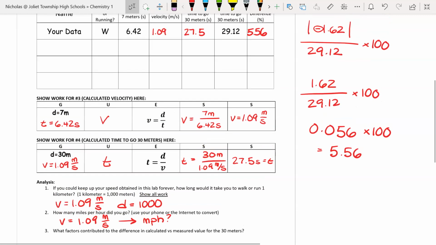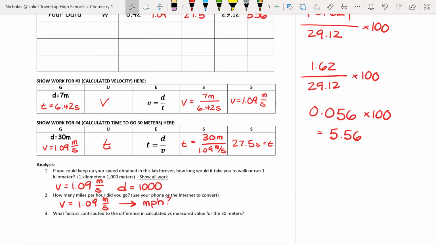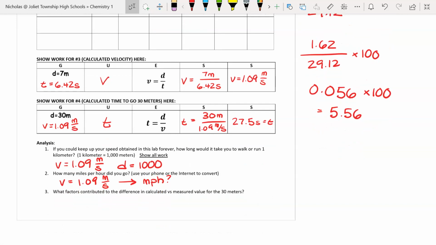When we figured out with math how long it would take to go 30 meters, we were basing that off of the 7 meters that we actually timed. But then when we timed it, we got a different number. Every group got a different number, and this could be for a number of different reasons.